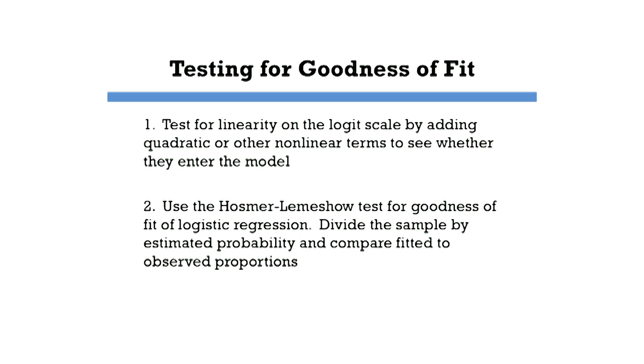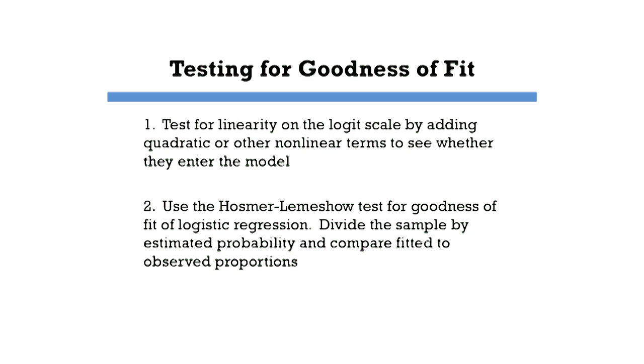Well, one way to investigate that is to add quadratic or other nonlinear terms to the model, for example, the square of the covariate, to see whether those terms enter the model and signal that you have a nonlinear relationship. You also can group the data and do some plotting to see whether the relationship appears to be linear. And remember that plotting should be on the logit scale.